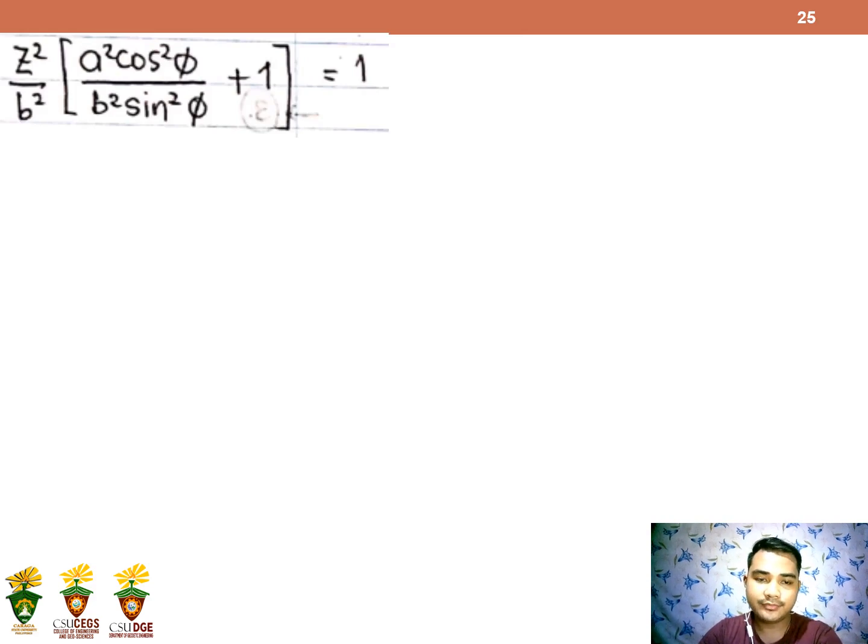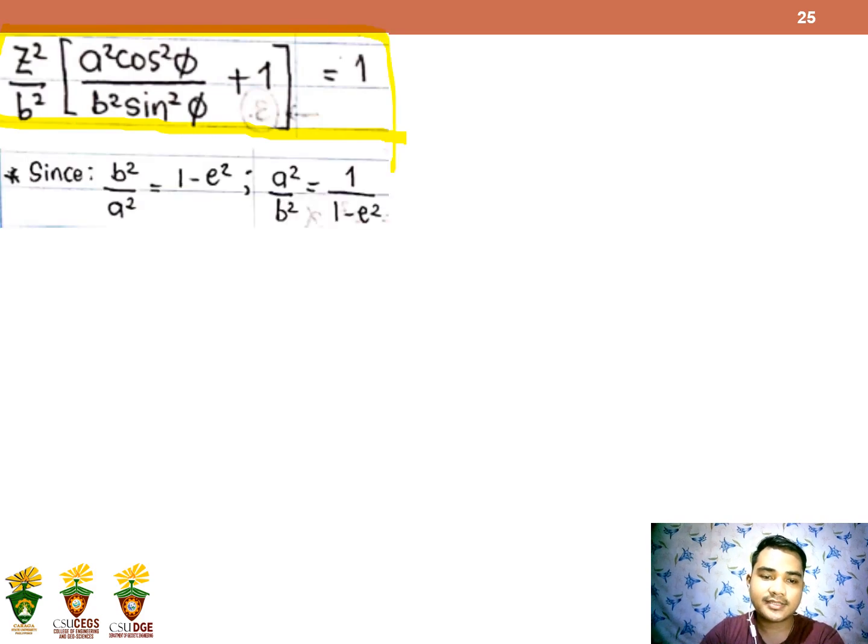Next, to continue from the last slide, this is the equation we arrived at. Since we have this identity, b squared over a squared is equal to 1 minus e squared, I guess I already asked you to solve or prove this in your problem set number 1.